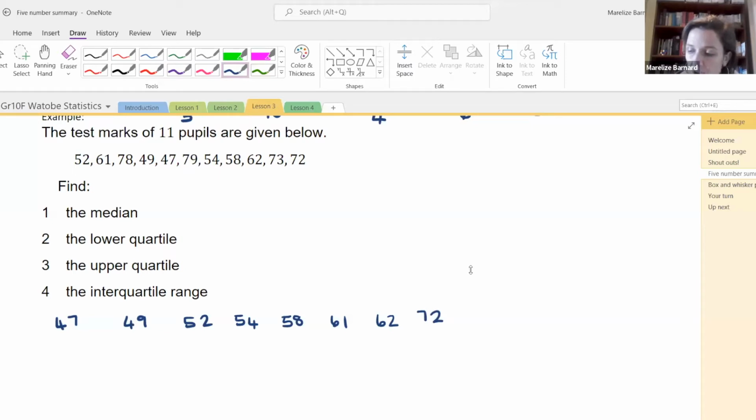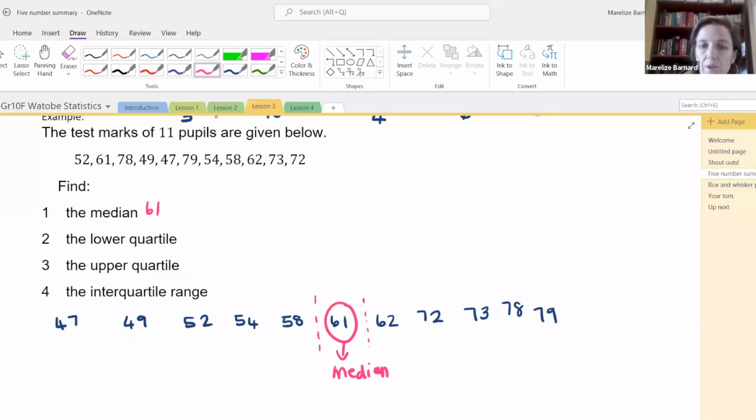So the middle data value will be the 6th one. Okay, so our middle data value is this one here. That's the median. So that is 61. Okay, so let's do this so that we know we exclude the median when we do our lower quartile and our upper quartile.